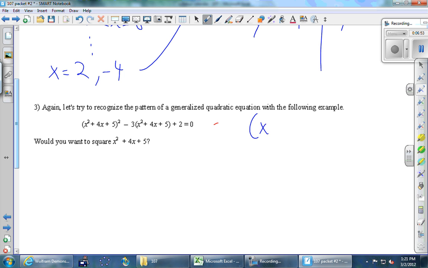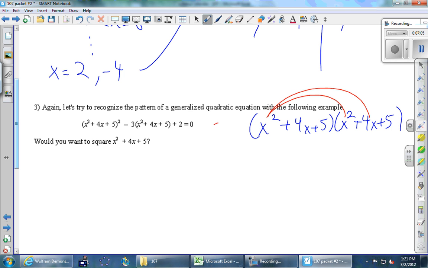You know what I'm talking about? x squared plus 4x plus 5, and it's squared, so you don't need to write this because we're definitely not taking this root. But FOIL is really just saying take everybody in the first parentheses and multiply it by everybody in the second parentheses. And then one more, that, and that, and that, right?